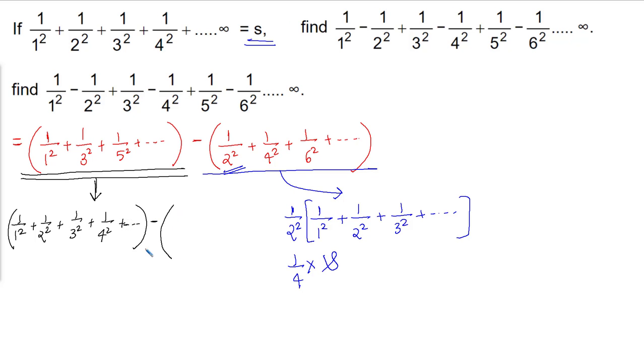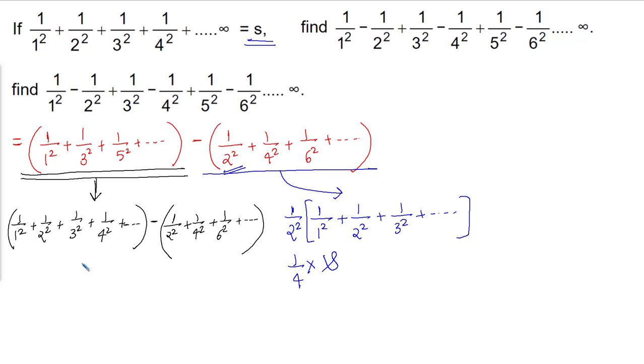We don't want 1 divided by even number square, means we don't want 1 divided by 2 square plus 1 divided by 4 square plus 1 divided by 6 square and so on. These terms we don't want. So can we write the first bracket as all the terms minus 1 divided by even number square? Because we want only 1 divided by odd number square, from all the terms we are going to subtract 1 divided by even number square.